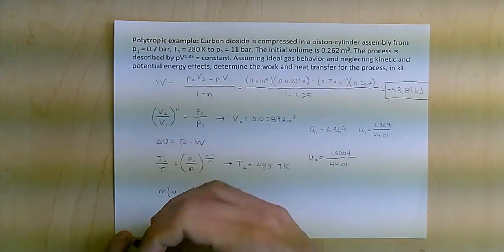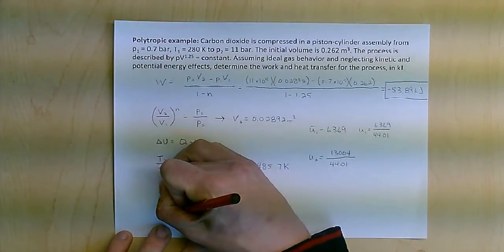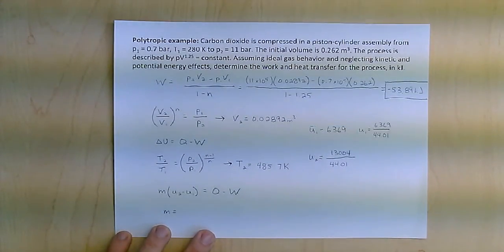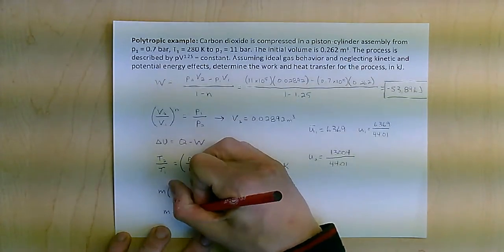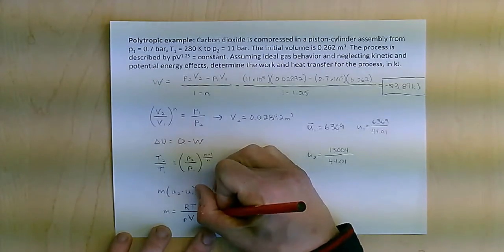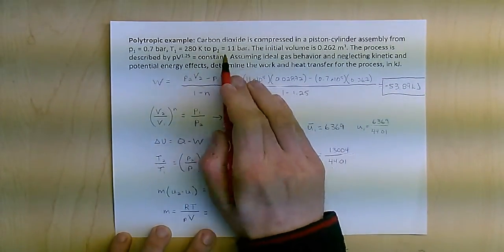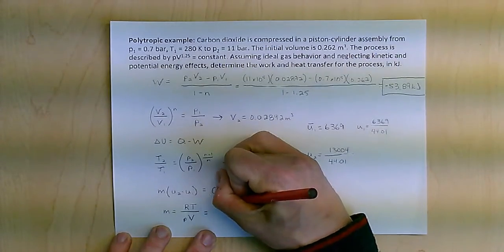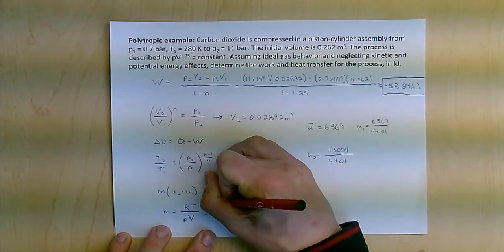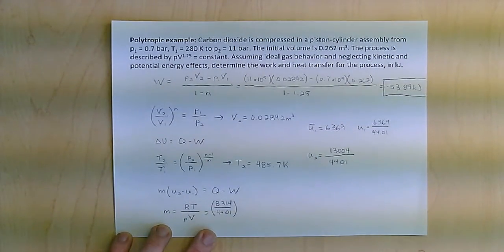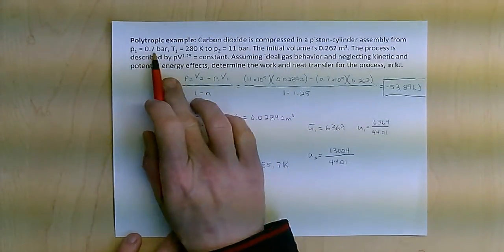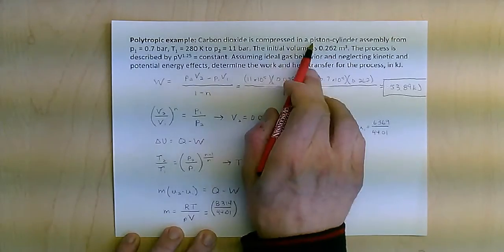From the ideal gas model, PV equals mRT, so mass equals PV divided by RT, where V is the big V, and R, in metric, is 8314 divided by the molar weight, 44.01 for carbon dioxide.